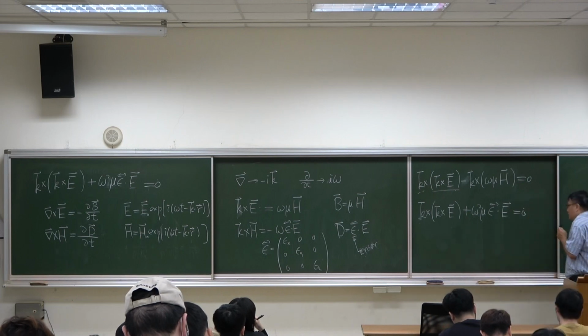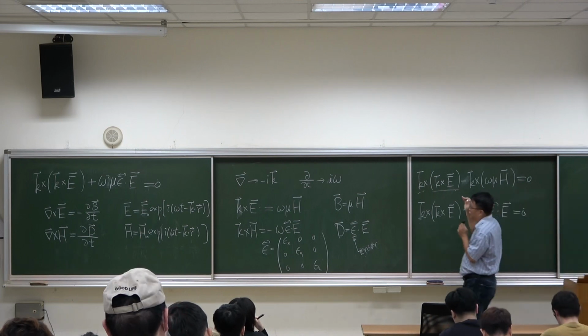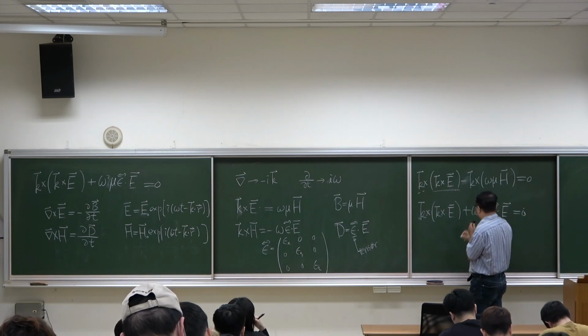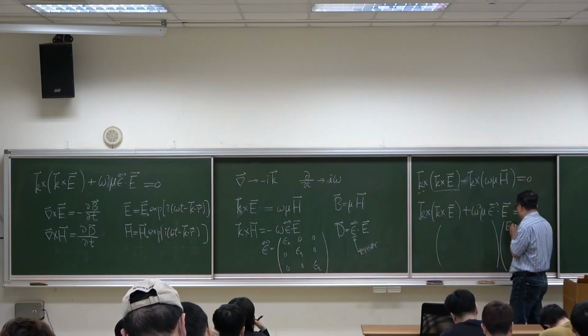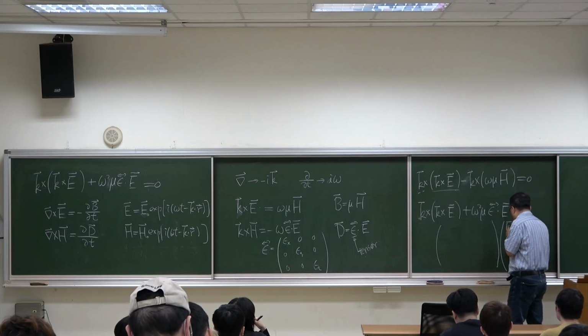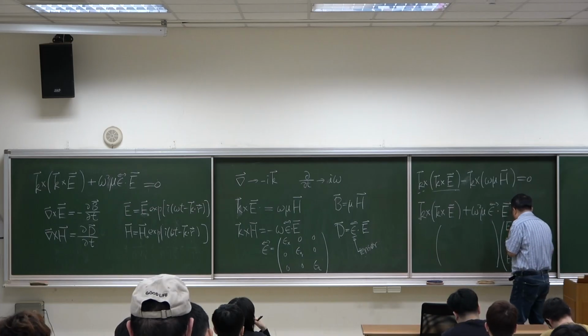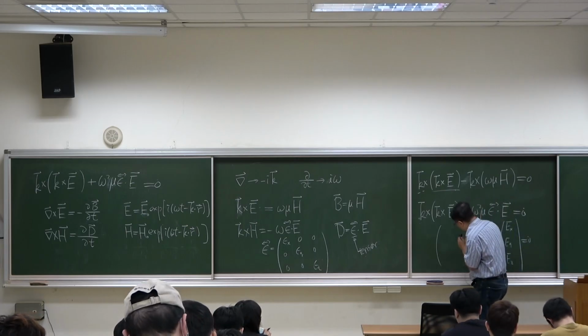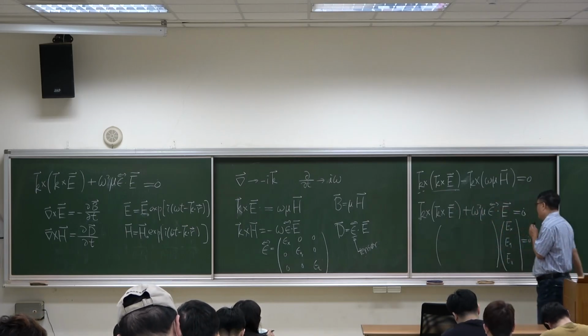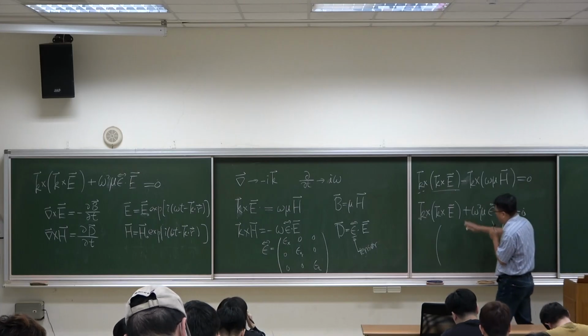Okay. So as I have already shown to you, this equation can be described by something like this: Ex, Ey, Ez equal to 0. Here, this matrix has a little bit complicated form.